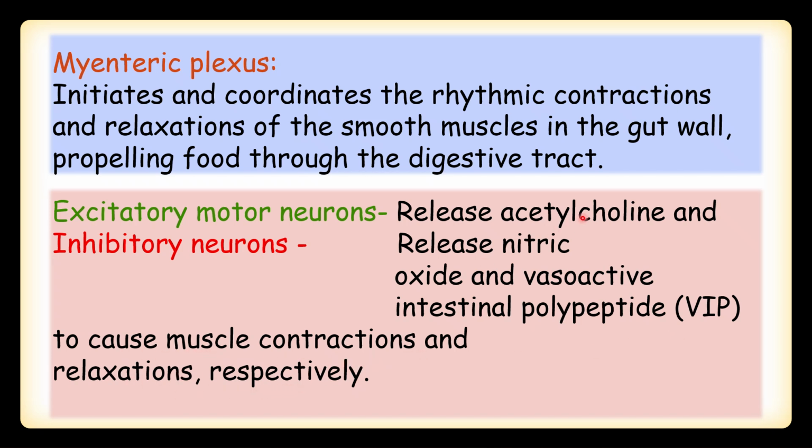Acetylcholine causes muscle contraction, and nitric oxide and VIP cause muscle relaxation. So from this slide it is very evident that the myenteric plexus is necessary for the rhythmic contraction of the smooth muscles in the gut.